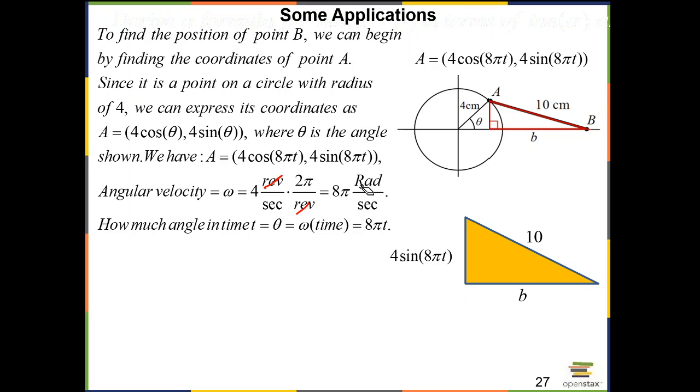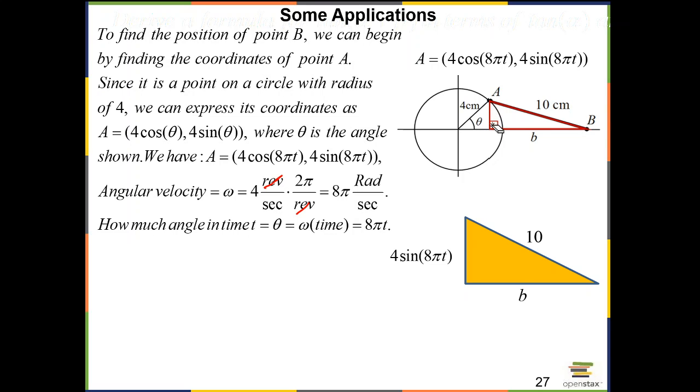And the radian is like a number, so we don't really write it, so omega here would be just radians per second, right? But when we multiply by the radius here, this becomes just the unit of centimeter, right? So this distance here is going to be in centimeters, and this distance would be in centimeters.